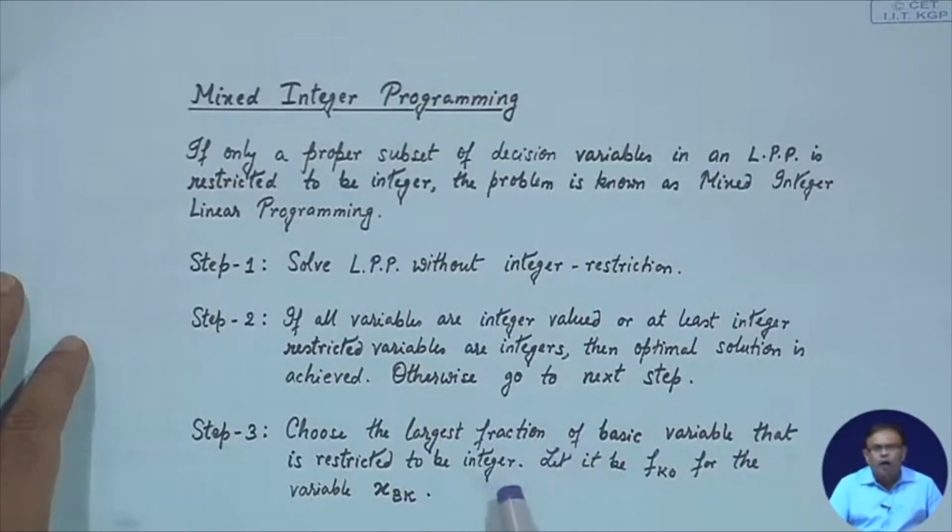Whenever you come to step 3, it means some of the variables are taking non-integer values which should take integer values. Out of those variables, you choose the basic variable which has the largest fractional part.